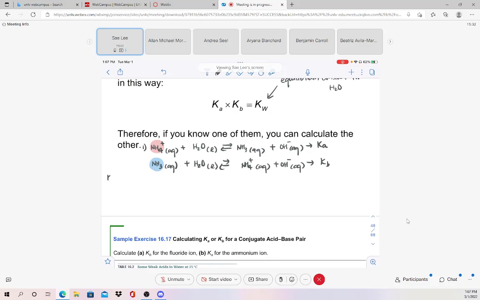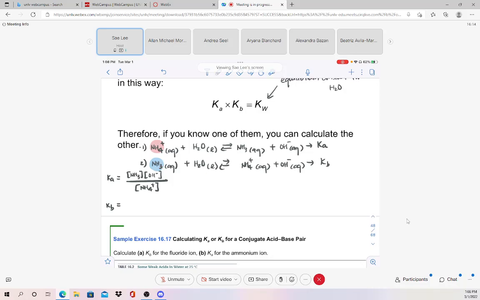The Ka is going to be the concentration of products divided by the concentration of reactant, each raised to the power equal to the coefficient. So the Ka is going to be the concentration of NH3 times the concentration of hydronium divided by the concentration of ammonium. Kb can be found from this second reaction where the conjugate base is dissolved in water.